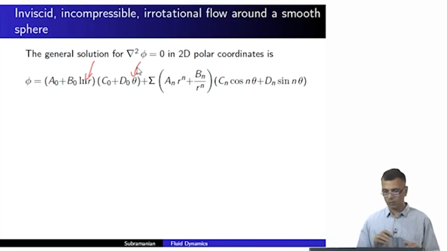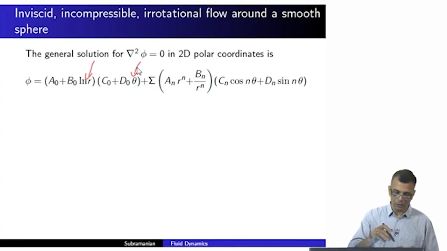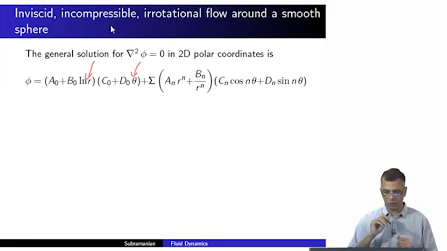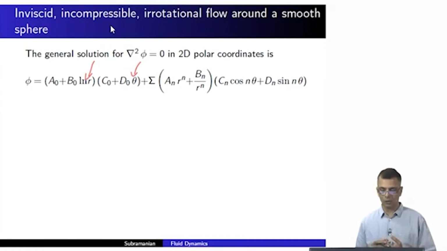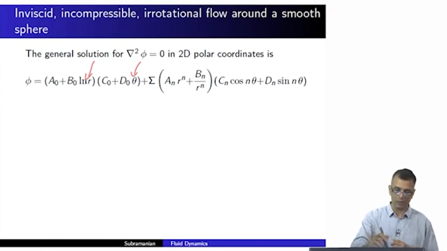So this is the general solution, and you apply the boundary conditions appropriate to an inviscid, incompressible, irrotational flow around a smooth sphere. You apply the appropriate boundary condition and you get the solution immediately. We won't go through the gory details, but we will see how.